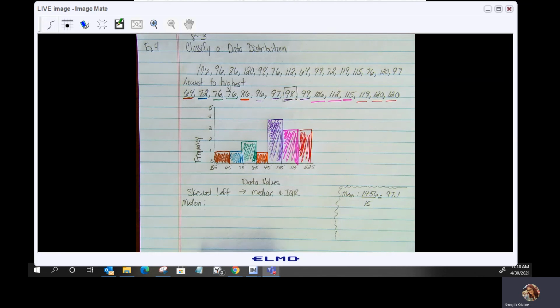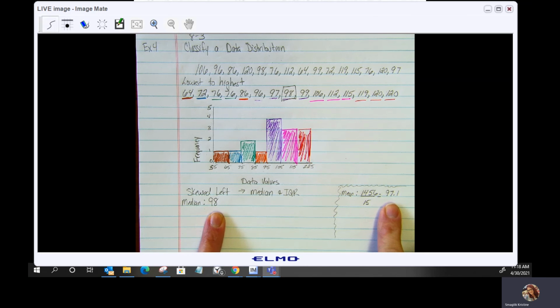There's my median, 98. Now, when you compare your median to your mean, notice there's a difference. If maybe I had a mean of 98.1 or 97.9, it would be leaning more symmetric. But because we are quite a ways away, these are not very similar, this shows me that it's skewed.